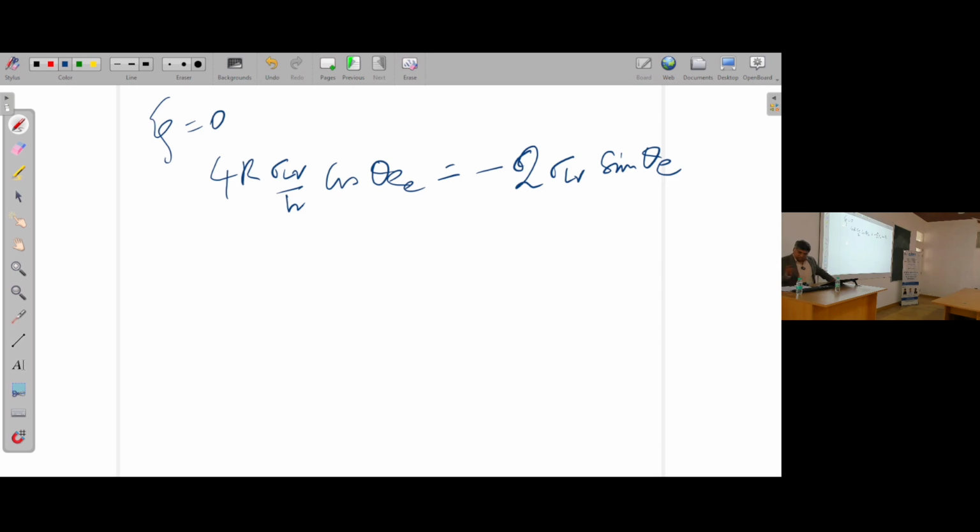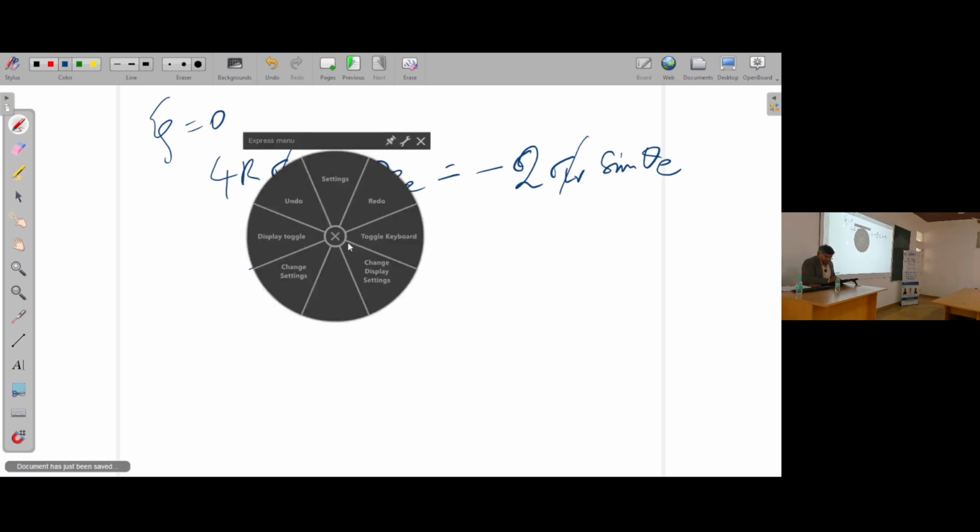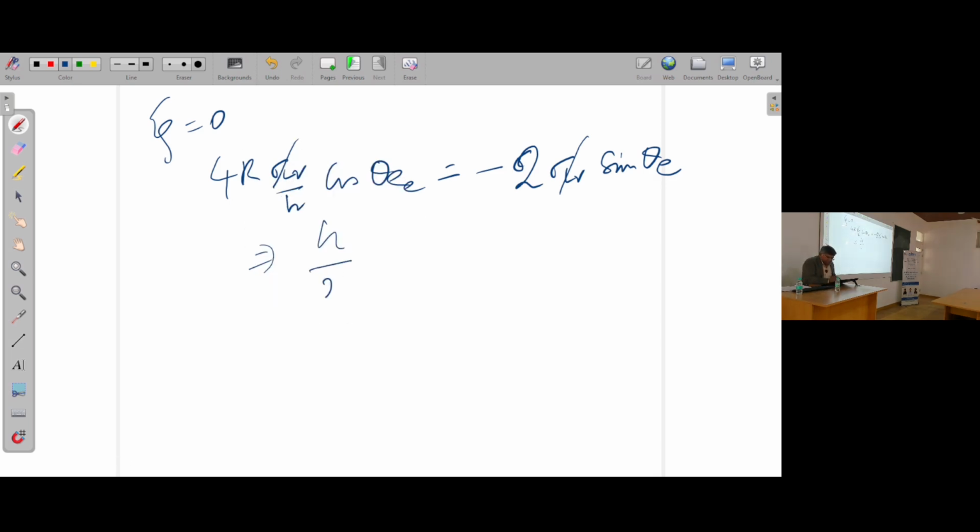Okay? So if you bring everything together, you'll get sigma LV getting cancelled, and you'll see that there's a tan theta E term. You will get something like h by 2, that is the height between the two plates, is equal to something like minus tan theta E divided by R. Okay?